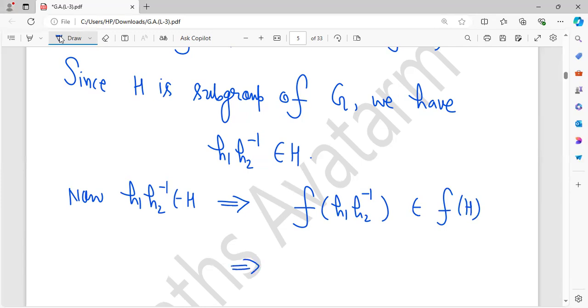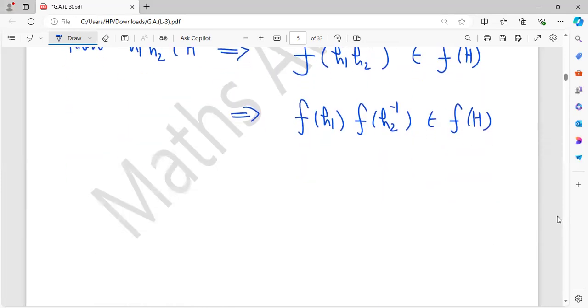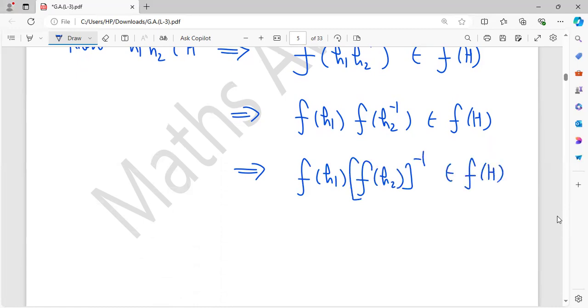By the property of homomorphism, because an automorphism is a homomorphism, the inverse will come out: f(h1) f(h2) inverse. Now f(h1) is a and f(h2) is b.